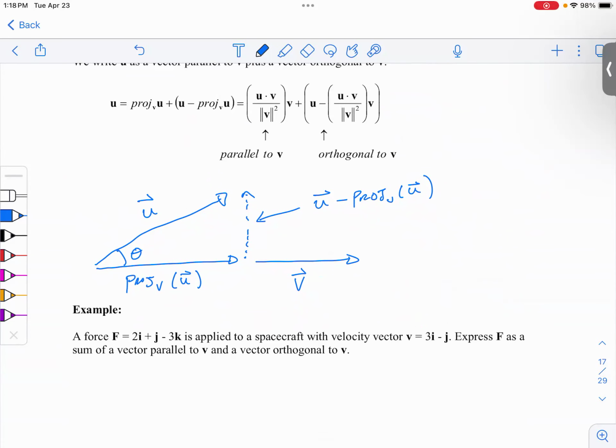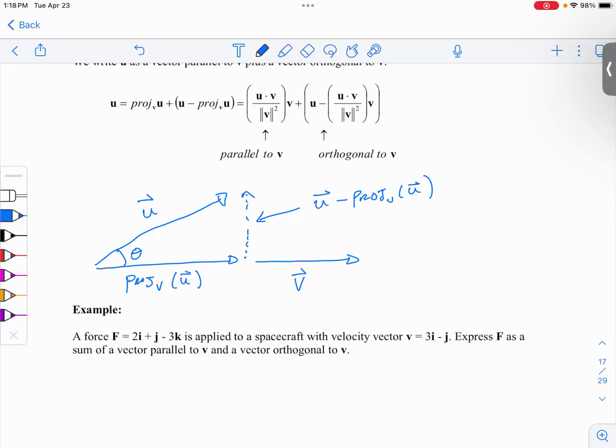And so when we have the projection, it is the parallel piece, because whatever your vector is, that is parallel to that vector. And then we have a right angle piece, which is really just the vector u, whatever that is, minus the projection.